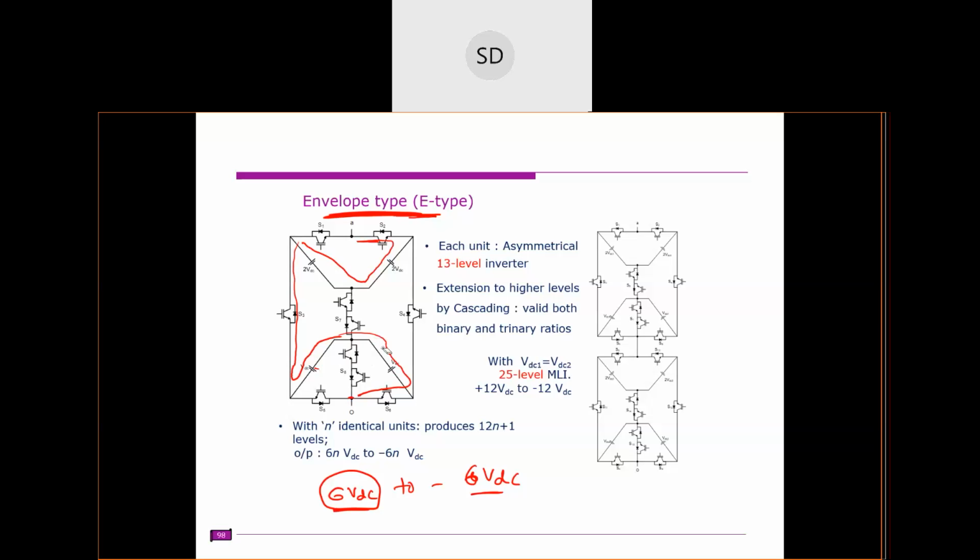Similarly, if you want minus 5 VDC or plus 5 VDC, which switches do we need to turn on? Sir, S1, S4, and S8.